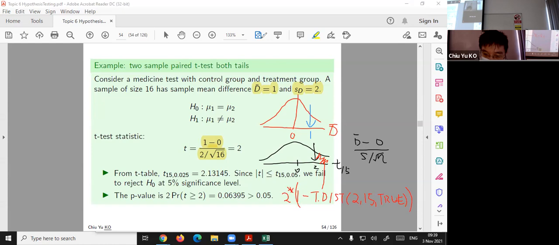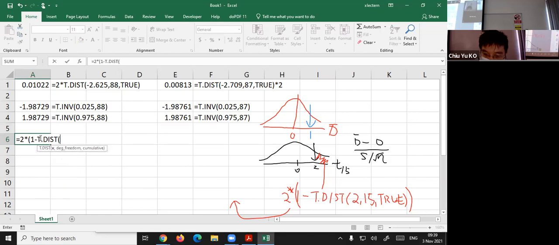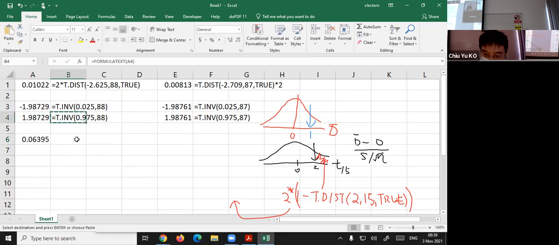That should give you 6%. Let me show you: 2 times 1 minus T CDF of 2, 15 degrees. As I promised, it's 6%, exactly the formula there.